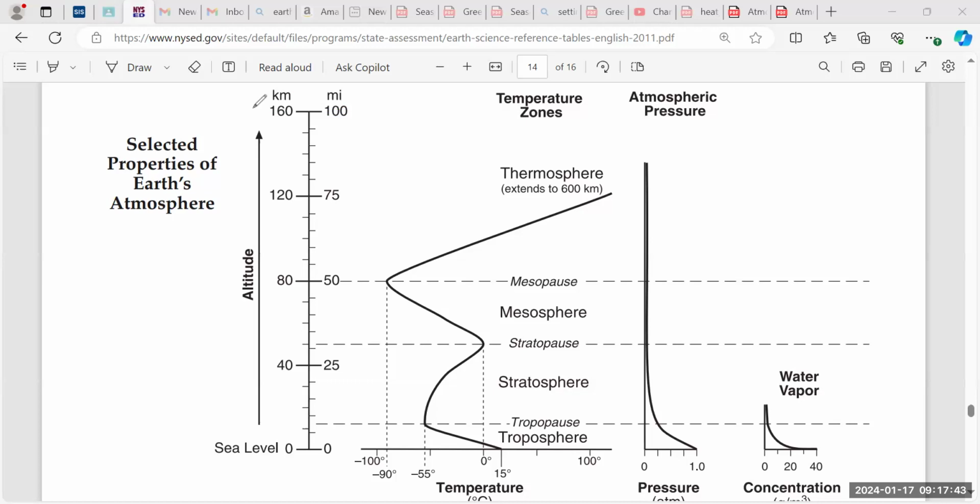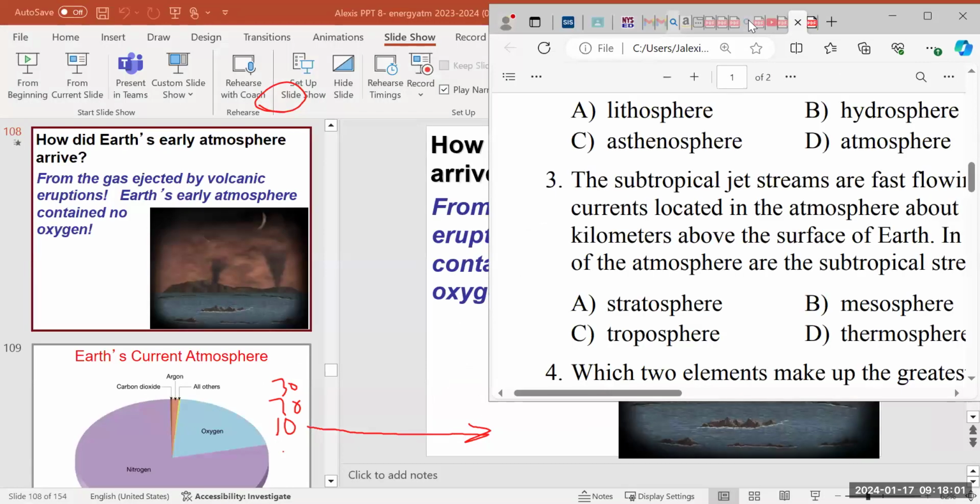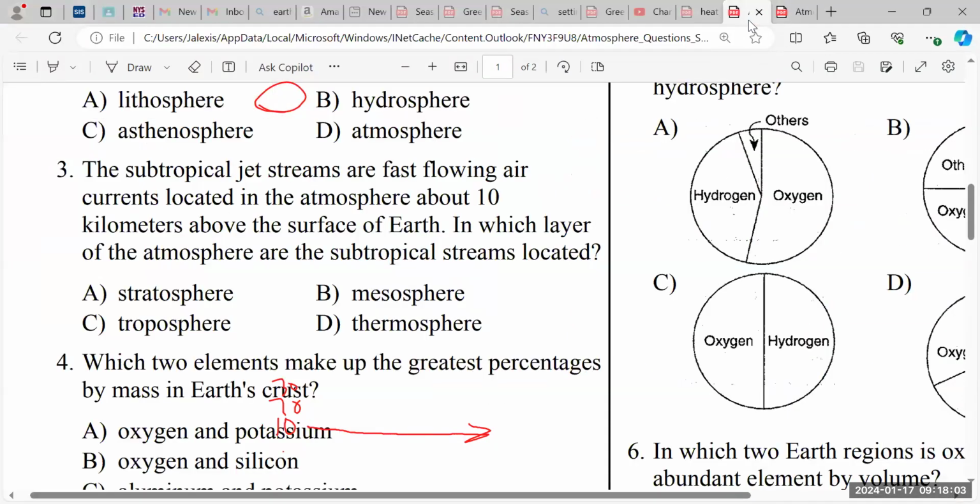Sea level is 0 here, and each line is going up by 10, 20, 30, and so forth. So I'm only looking on this side. When I look at 10 kilometers, I'm in the troposphere. So my correct answer is choice C.